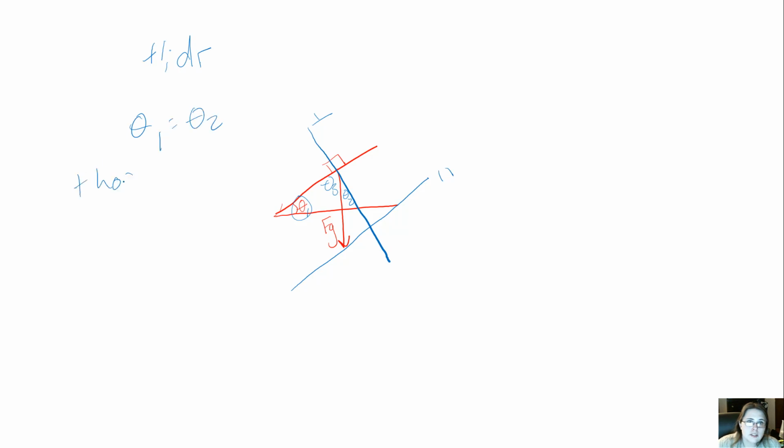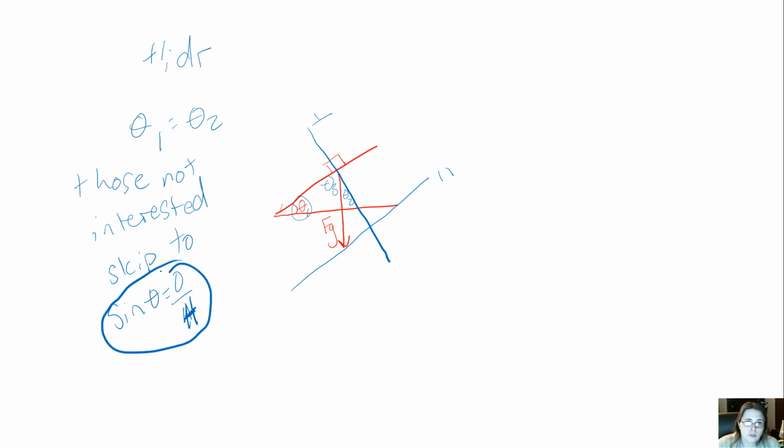Those not interested, skip to where sine theta is equal to opposite over hypotenuse. You can skip ahead to where I start talking about this, okay?